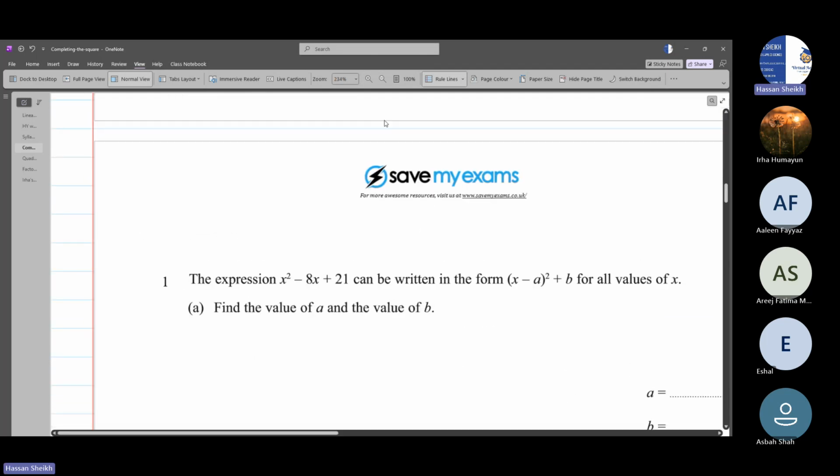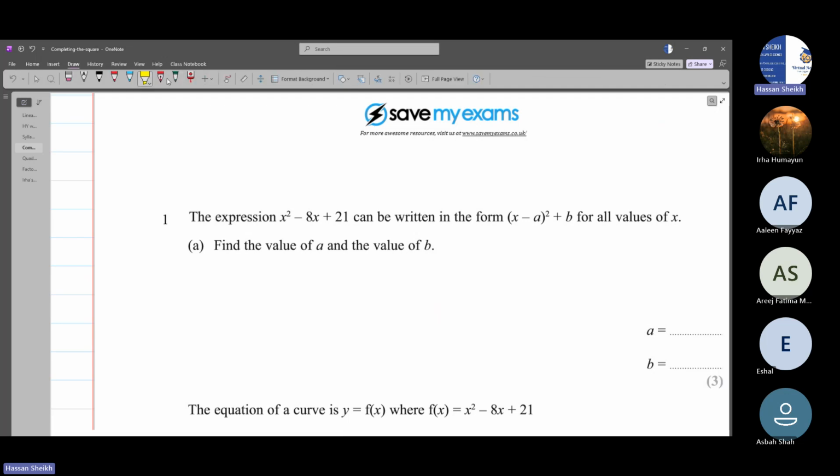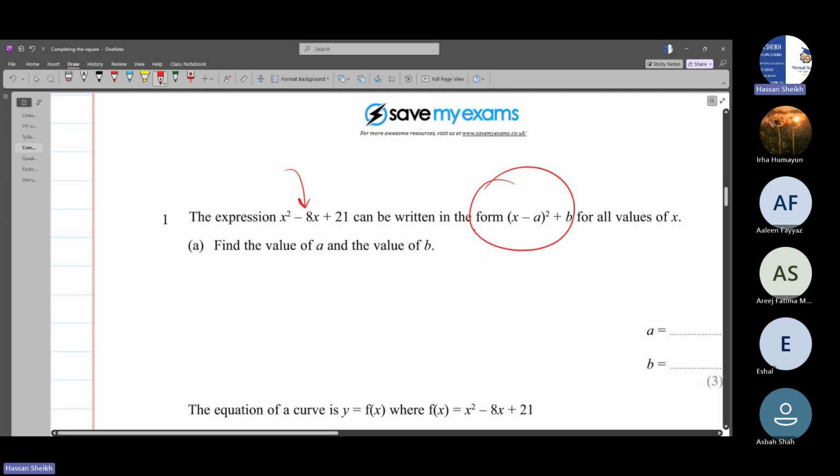It is something called quadratic graphs, but we do have part A for completing the square. They will not always ask you to complete the square. Sometimes they would, but most of the time the question would appear like this, asking you to write the given quadratic equation into a certain form.